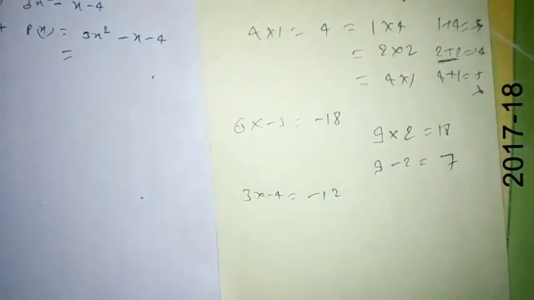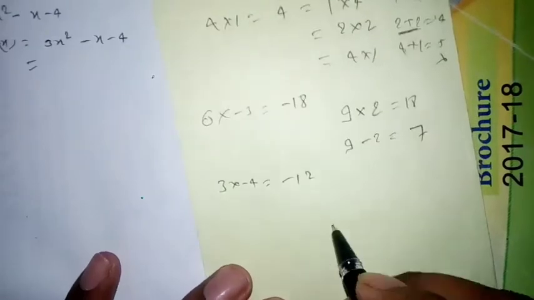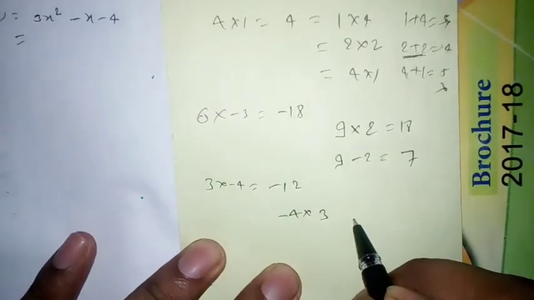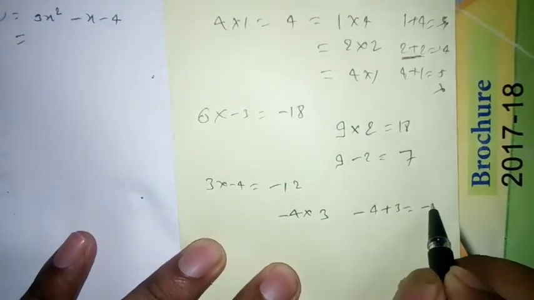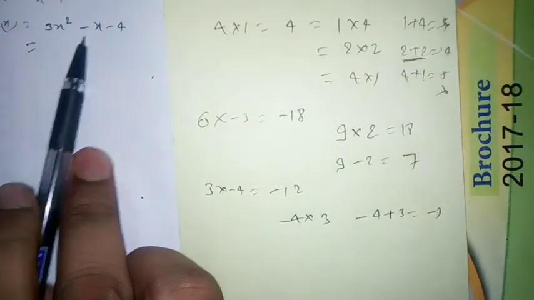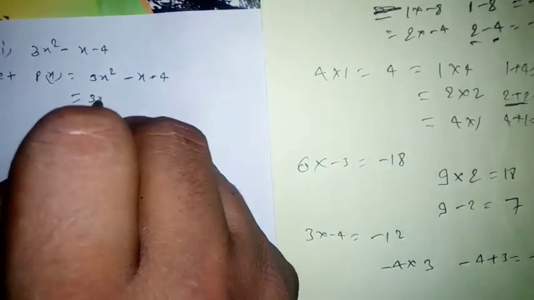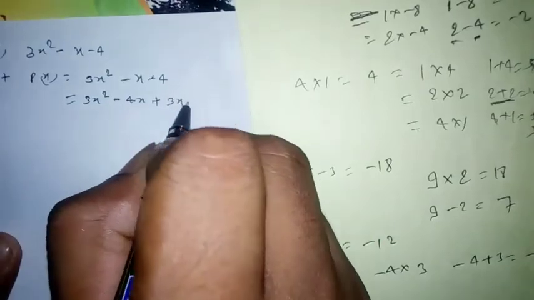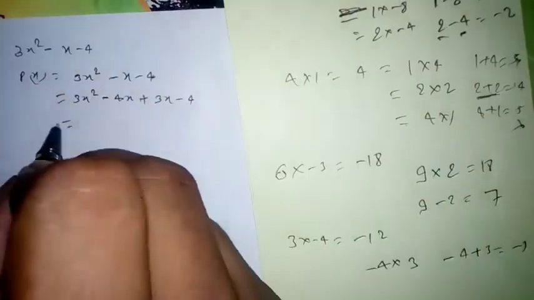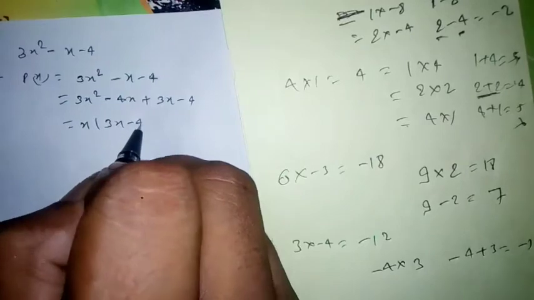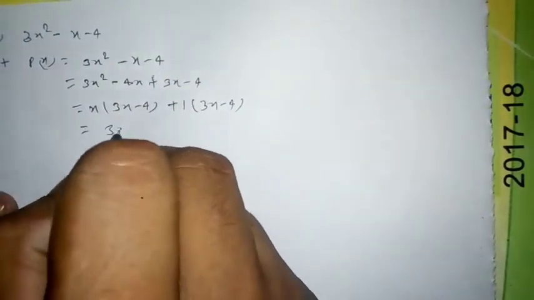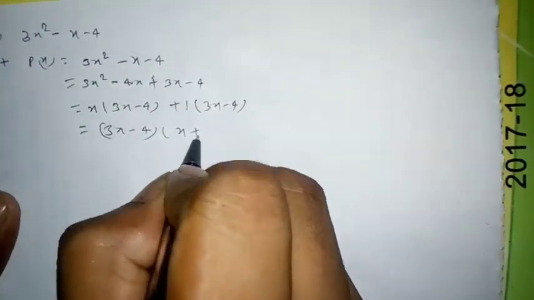Okay, now we also write this minus 4 into 3, and minus 4 plus 3 is equal to minus 1. So here minus 1. So we can also write this 3x square minus 4x plus 3x minus 4. Now x is common, then 3x minus 4 plus 1 is common, 3x minus 4. Okay, is equal to 3x minus 4 is common, then x plus 1.